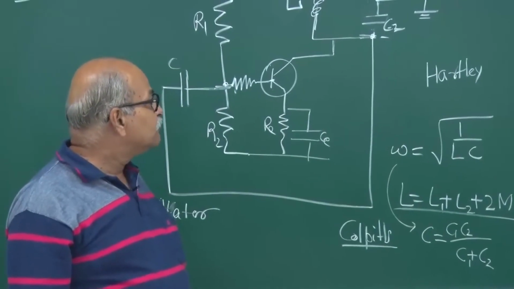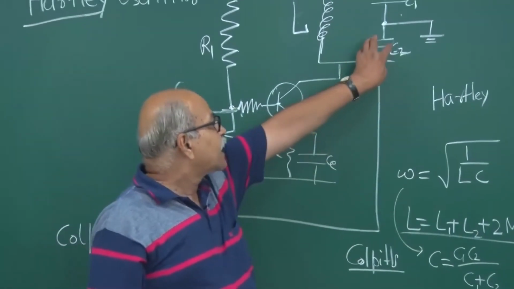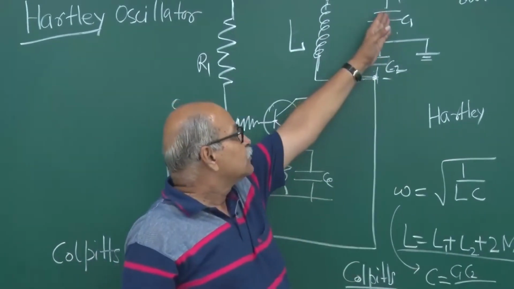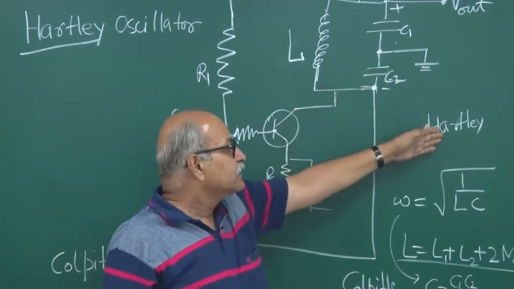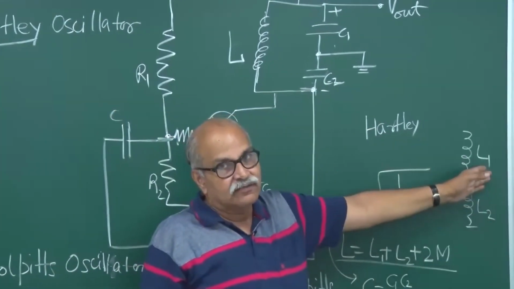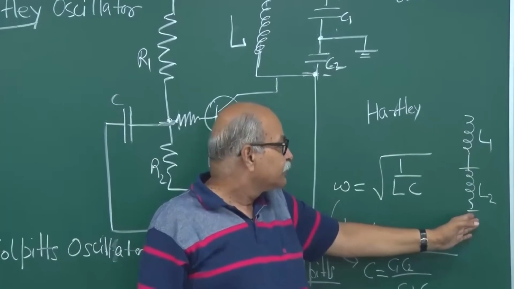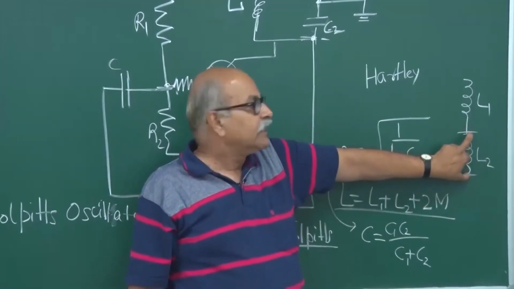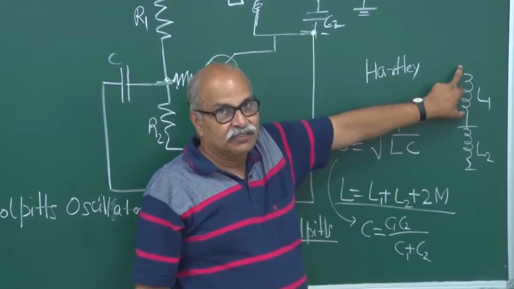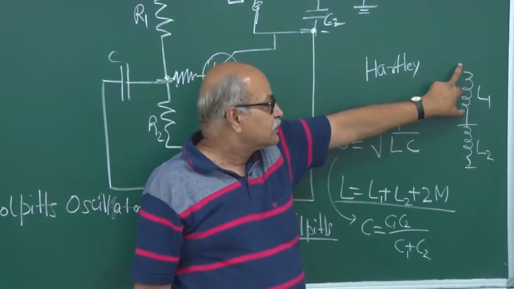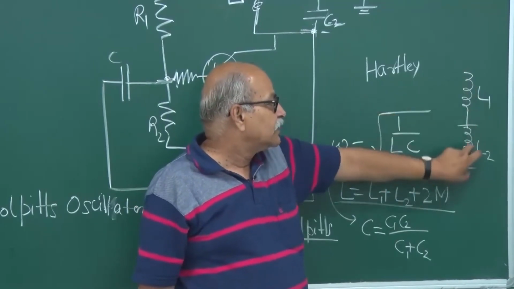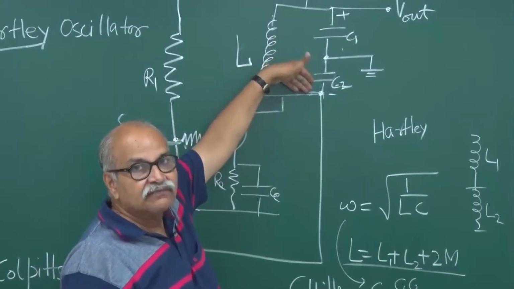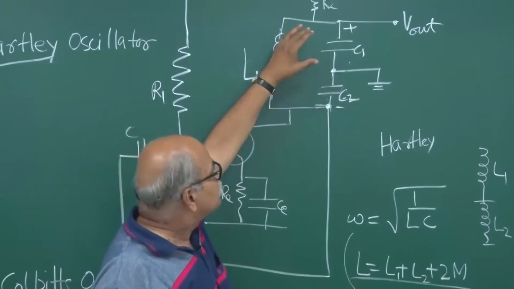And how much will be the feedback, what fraction will go into the feedback, that again is decided by this ratio of C1 and C2, and for Hartley the ratio of L1 and L2, because the same current is going. The part which is going into feedback, and the part which is going into the output, that fraction will be just the ratio of L1 and L2, and similarly here the ratio of C1 and C2, because the current is the same.